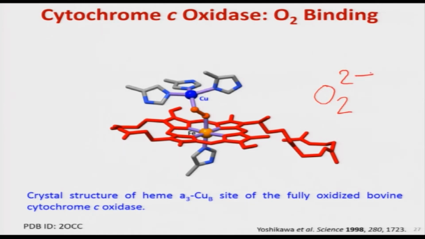Resonance Raman stretch confirms that this binds as O2 2 minus. So, this is the crystal structure of the heme-3 copper B site of the fully oxidized cytochrome C oxidase.